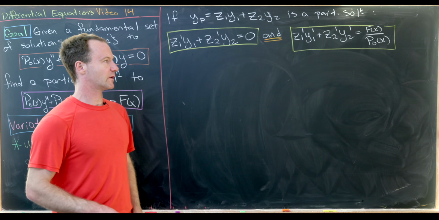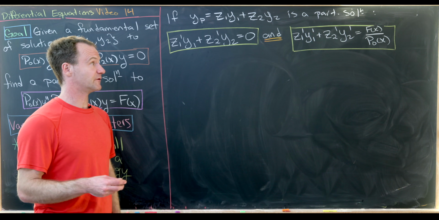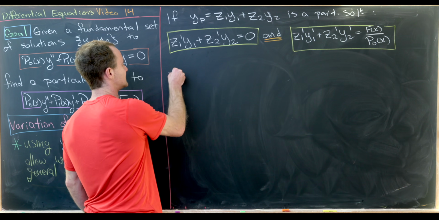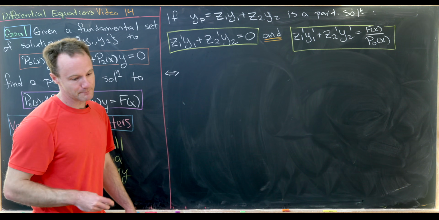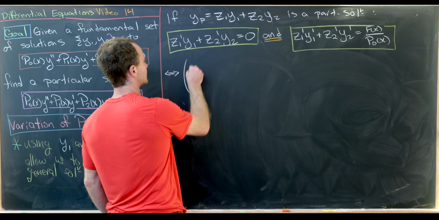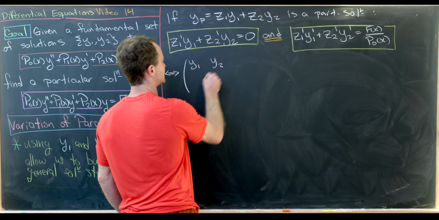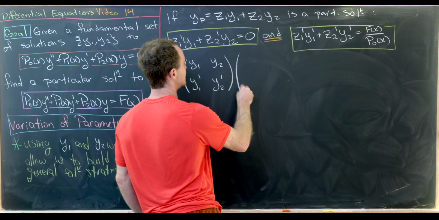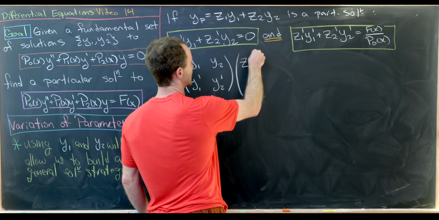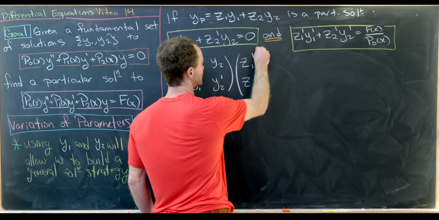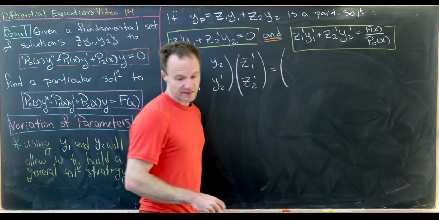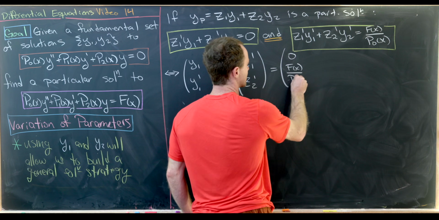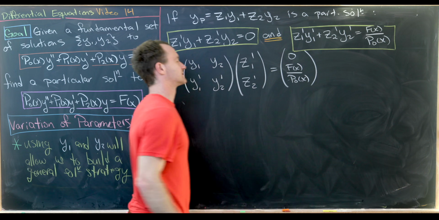Okay, but what's our favorite way of solving like a general system of equations? Well, maybe we'll put it into matrix form. So notice that this is equivalent to the following matrix equation. We can write this as the matrix with rows y1, y2 and y1 prime, y2 prime times the vector made up of z1 prime, z2 prime equals the vector 0 and then f of x over p0 of x.